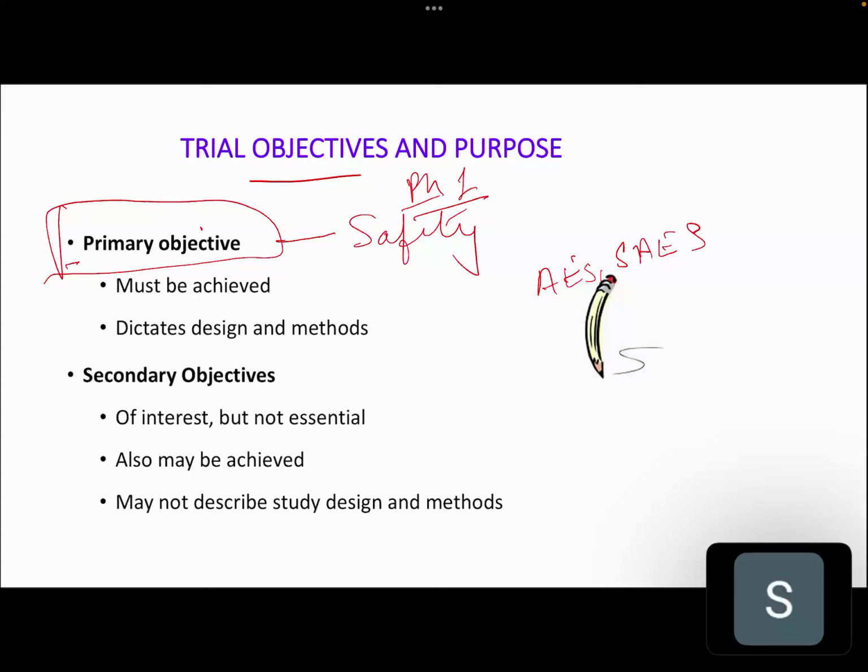If you fail to achieve the primary, that means your study will be labeled as a failure, right? So sponsors avoid that. This is the reason they mostly try to keep only one primary objective, not too many. Secondary objectives are additional, may not be essential. If you fail to achieve them, it's okay.